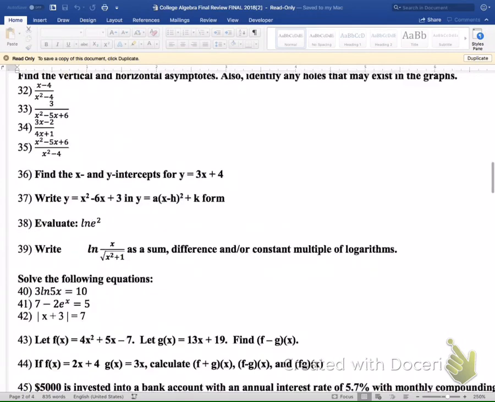Right? Which means I have a vertical asymptote at 2 and at -2. How do you find holes in the graph on these kind of equations? Factors that do what? Cancel out. So you wouldn't have any in 32 or 33 because there's no factors on top to cancel. You might have one on 35.